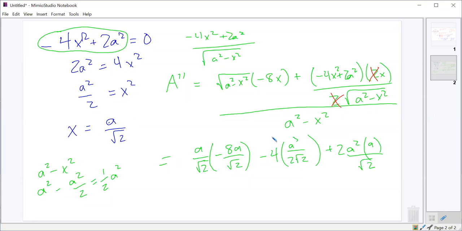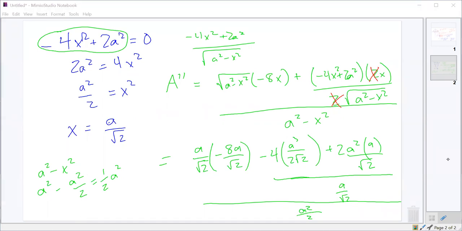And that piece of it is all over root a squared minus x squared, which we already figured out is a over root 2. And then it's all over a squared over 2. Everybody good with that so far? A little bit messy, but doable, I think.